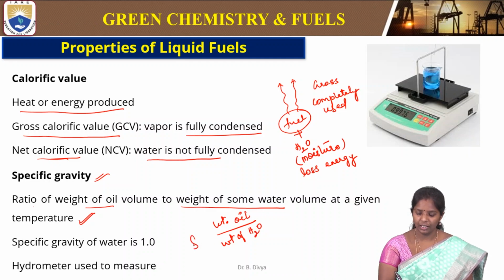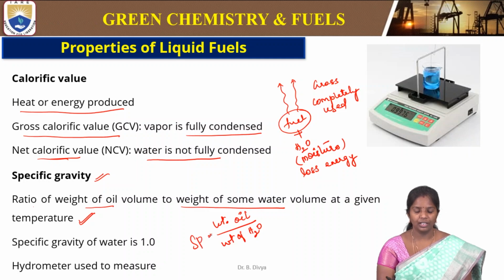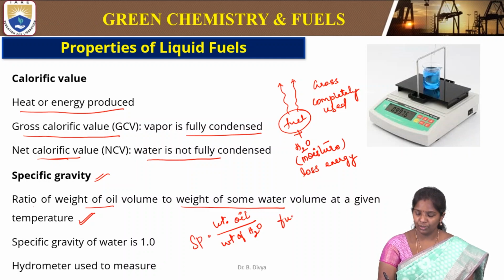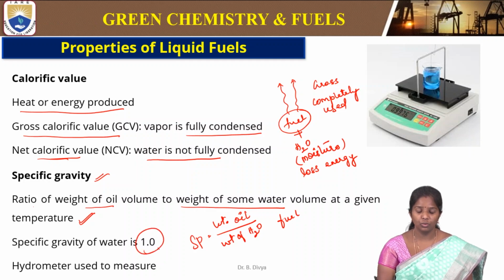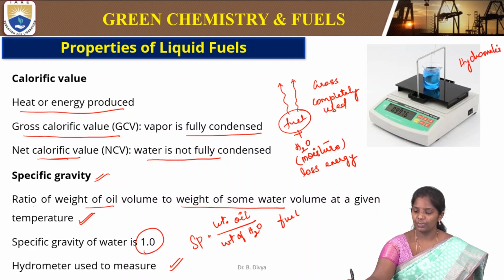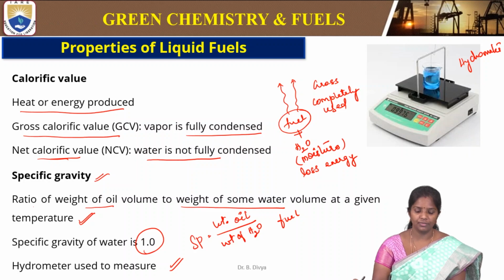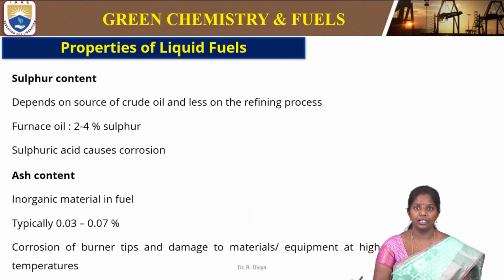That will give the specific gravity for that particular fuel. The specific gravity of water is taken as unity, and it is tested with a hydrometer. A hydrometer is used for measuring the specific gravity of any fuel. So these properties will help in practical applications.